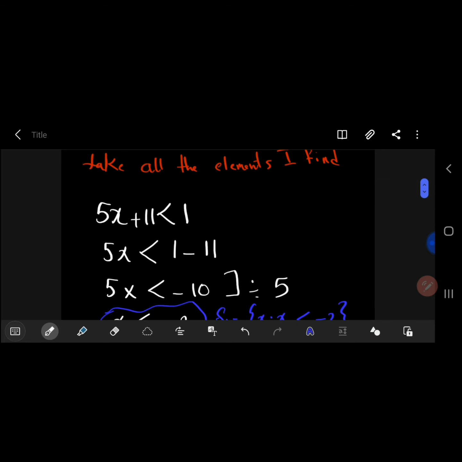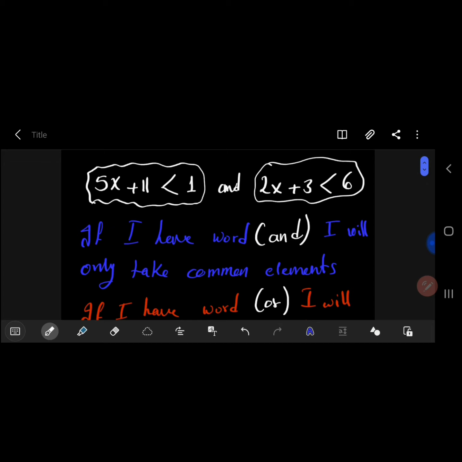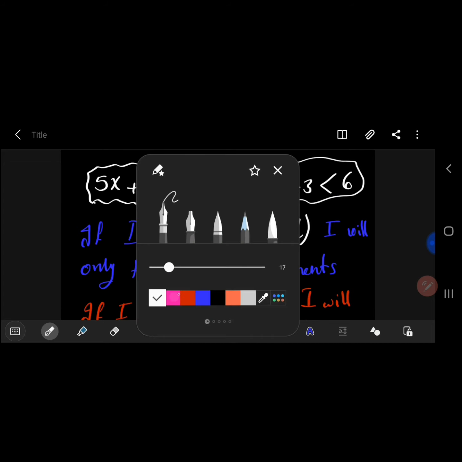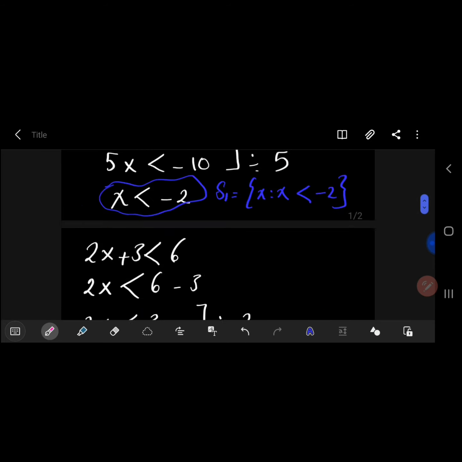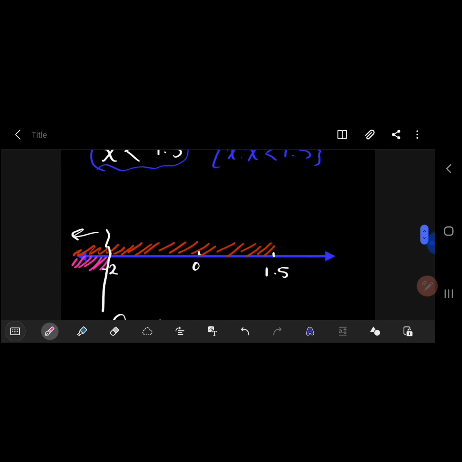Because he said in the question the word "and". Because he said "and", we take the common values. If he said "or", we take all the values we extracted from the functions.